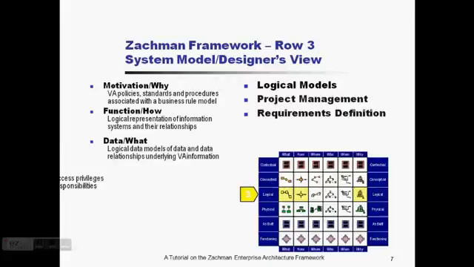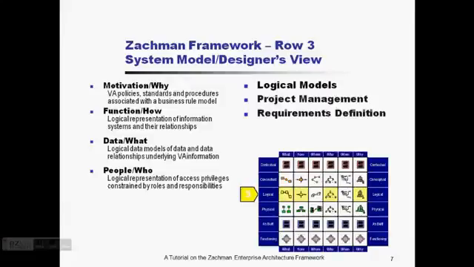People is about the logical representation of access privileges, for example, or constraints by roles and responsibilities. It's mostly about security and authorizations throughout the information systems in the organization. For example, who has access to what is one of the questions this cell is supposed to answer.